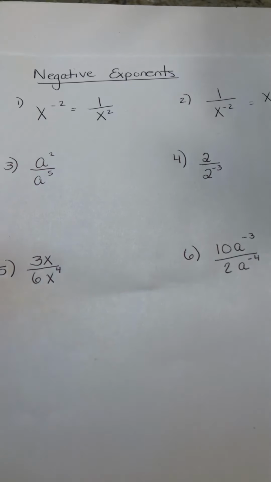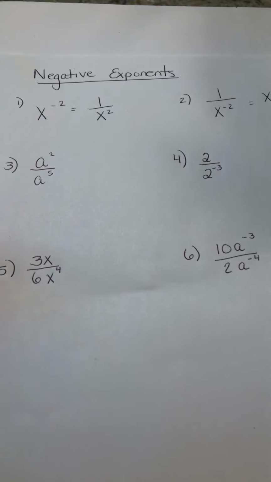Let's check out number 5. When I see 3 divided by 6, I'm going to think about just dividing coefficients the same way I always have. 3 goes into 6 twice. So I'm going to put the 2 down here, and I have x over x to the 4th power. All the way simplified, I can only have one x.